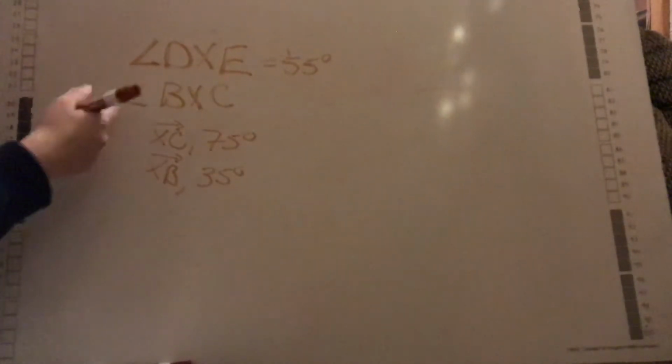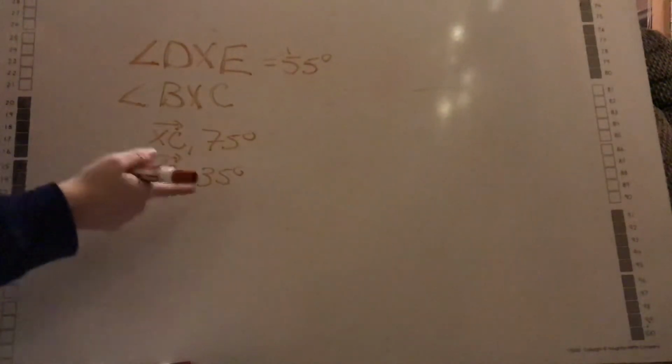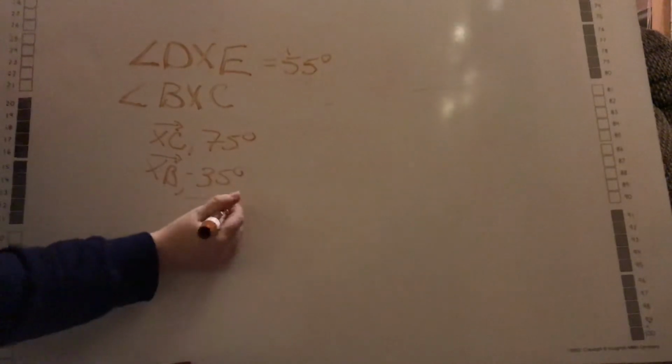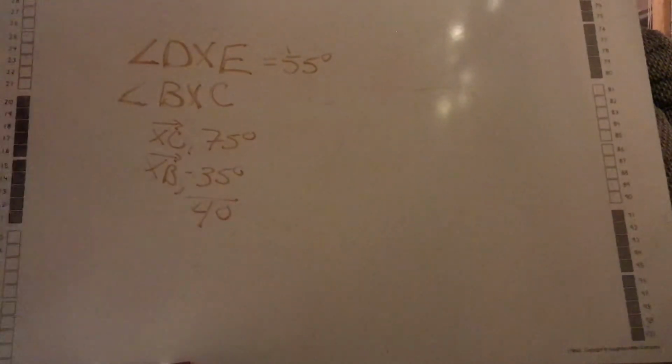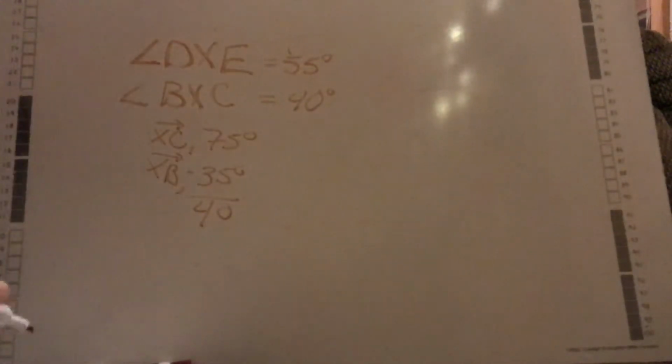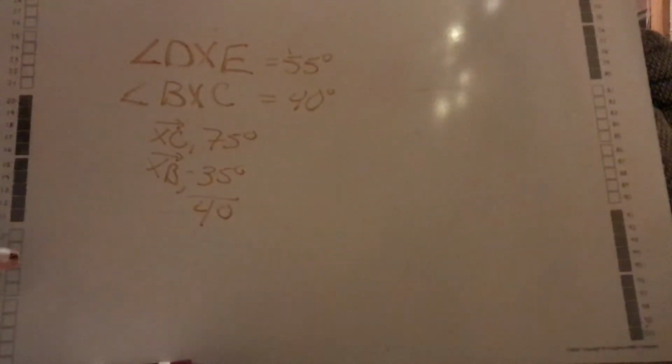So in order to find angle BXC, we're going to subtract 35 from 75, and we will get 40 degrees. Now we can add those together real fast, and we know that that's going to be 95. So angles DXE and BXC are neither supplementary nor complementary, because their measurements do not add up to either 90 degrees or 180 degrees.